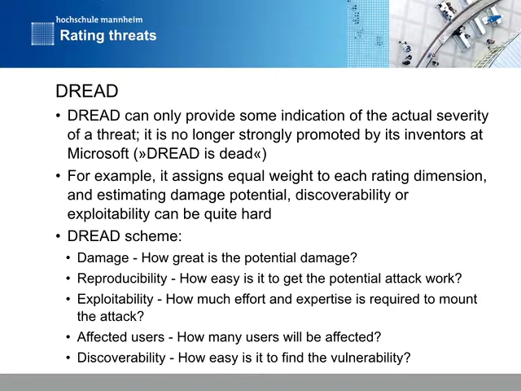Then we end up with a table with 2 lines and 8 columns. The first column is the name or description of the threat. Then you have these 5 factors. Then you have the average probability, the average damage, and the combination of both, the multiplication, as a risk score.